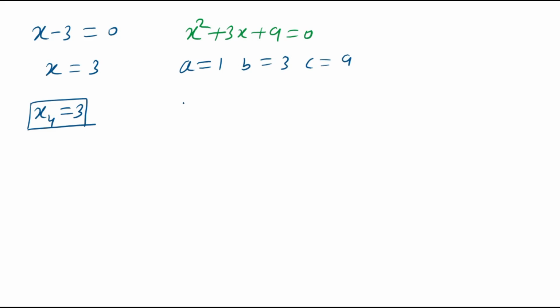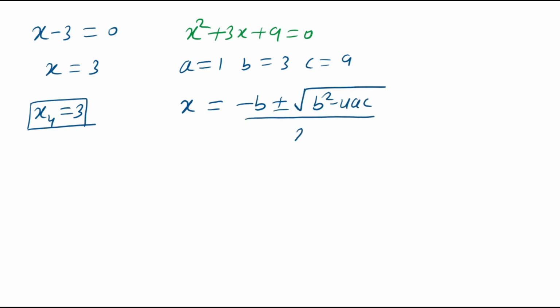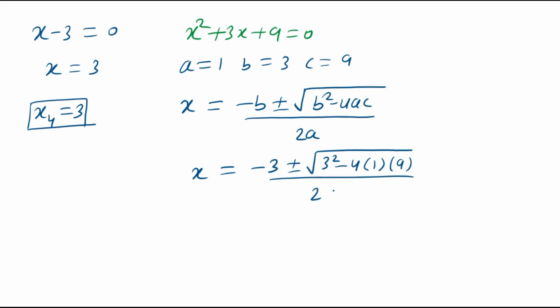The quadratic formula is x is equal to minus b plus minus the square root of b square minus 4ac, divided by 2 times a. Then x is equal to minus the value of b, which is 3, plus minus the square root of 3 power 2 minus 4 times the value of a, which is 1, and the value of c, which is 9, divided by 2 times the value of a, which is 1.